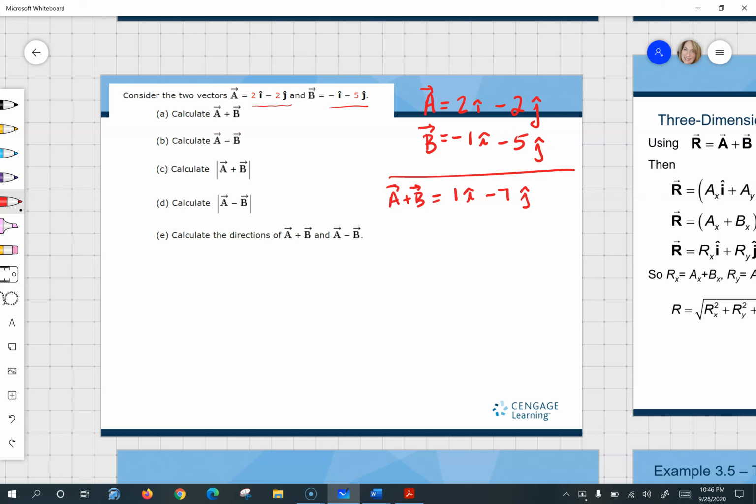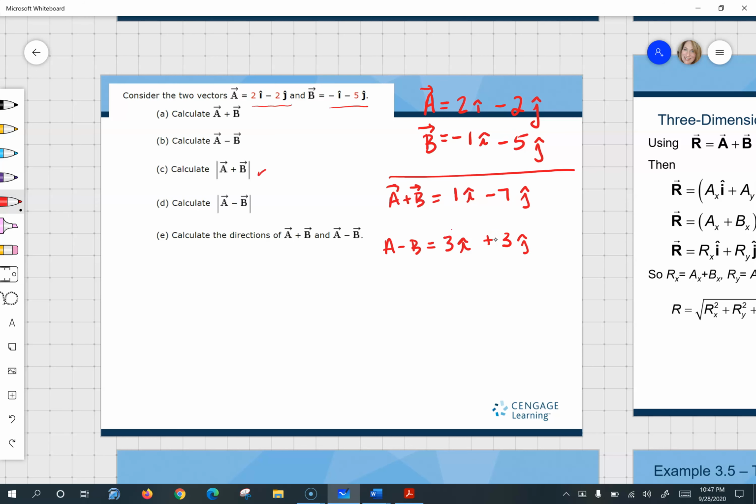Now that's A plus B. You could do A minus B. Same idea. 2 minus negative 1 would give you 3i. Negative 2 minus negative 5 would give you a positive 3 in the j direction.